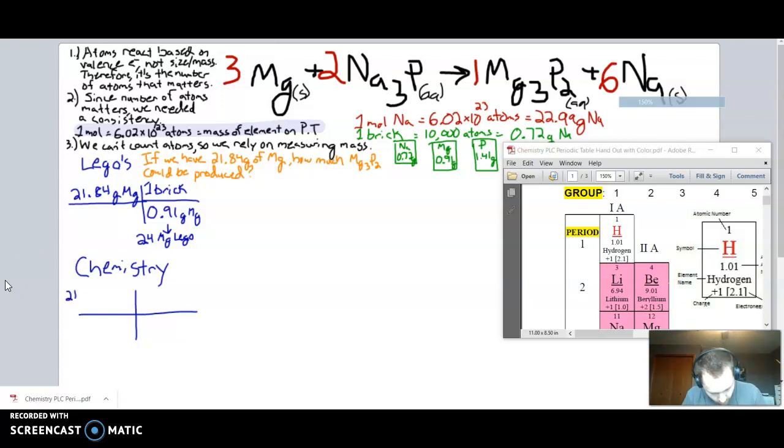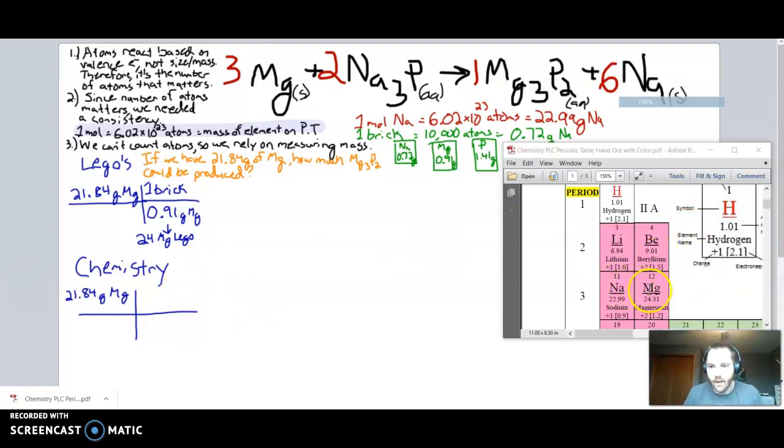We're going to take our 21.84 grams of magnesium. But now looking at our periodic table here, we can see that an actual magnesium mole is 24.31. So we should expect it will be close to 1, but this number is a little bit smaller, so it'll be less than 1 mole. We would put our 24.31 grams of magnesium on bottom, and on top, instead of writing bricks, we're going to write 1 mole of magnesium.